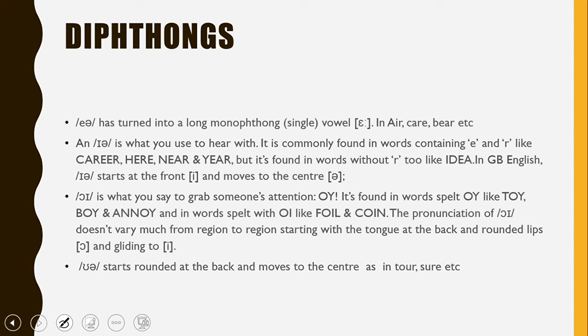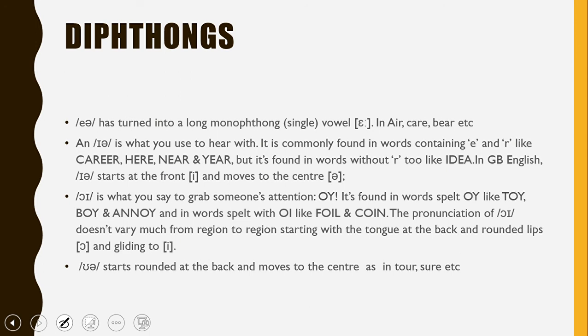So for example, toy, boy, foil, coin, and oil, boil, etc. When you say oi, your lips are rounded, and they start to neutralize their position as they glide toward E.